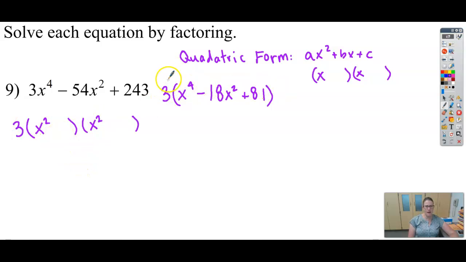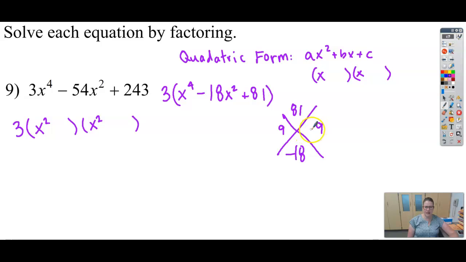Now I can just ignore that 3 and look at what's inside the parentheses. A is 1 and C is 81. So I'm just going to x factor this. 1 times 81 is 81, and my B is negative 18. So I'm looking for 2 numbers that multiply to 81 and add to negative 18. 9 times 9 is 81, and 9 plus 9 is 18.